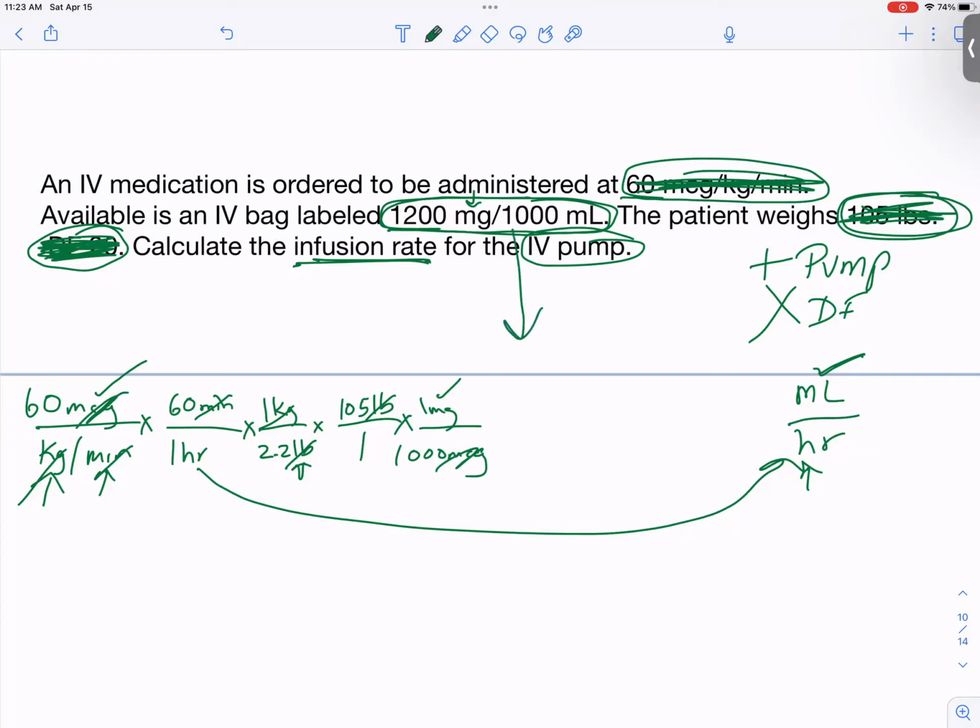Here I can use my concentration. 1,200 milligrams in 1,000 milliliters. I get rid of my milligrams, and that is it. I look over my problem. Everything I don't need is gone, and the only things I do need, milliliters in the numerator, hours in the denominator, and I'm good.